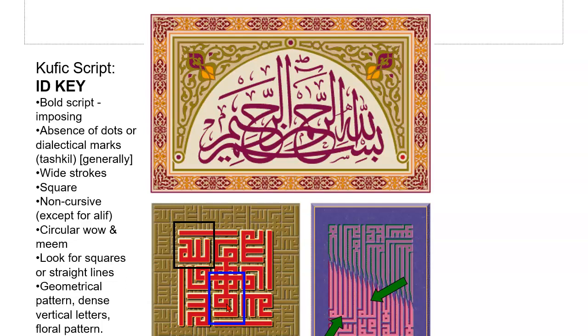You might be tempted to say Muhammad, but the clue here is that the word Allah repeats 4 times, so does the word inside. It's actually the word Huwa in a blue rectangle, a repeated pattern, right? Huwa, Huwa, Huwa. So this is actually saying Huwa Allah, which translates to He is Allah.